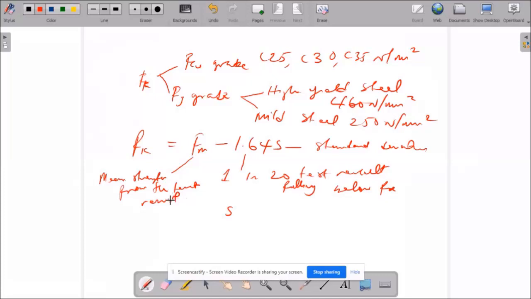So the characteristic strength of concrete, FK, is the cube strength of concrete at 28 days. Then that of steel is the yield strength of reinforcing steel, which is FY, at yield.